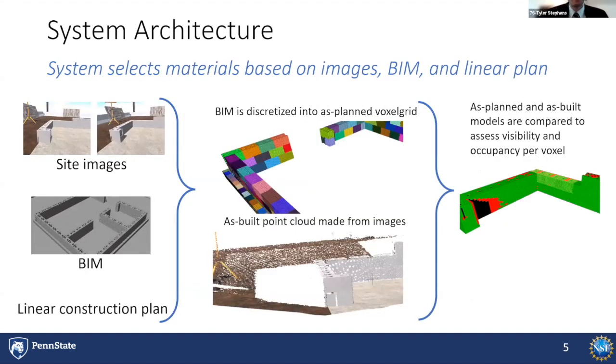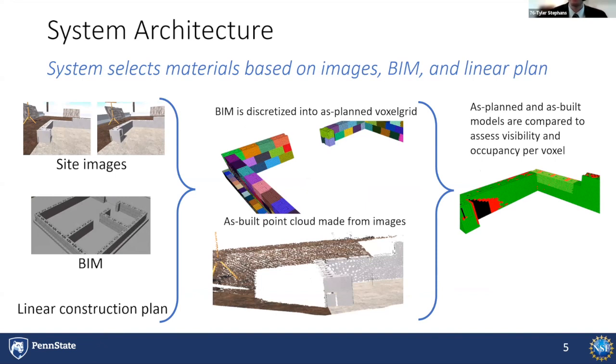So the system we developed has 3 inputs. It uses images captured of a construction site, a BIM, and a linear construction plan. 2 things worth noting are that our BIM assumes more granularity than is normally provided.